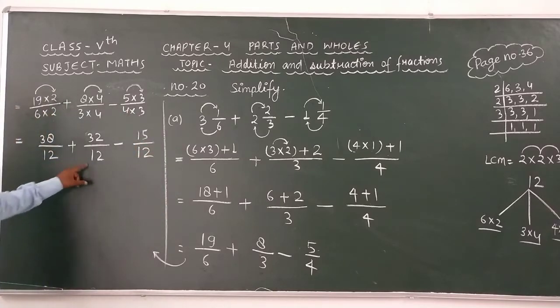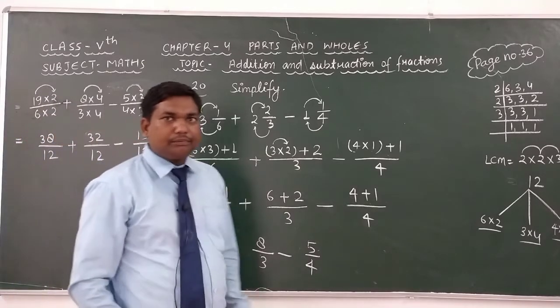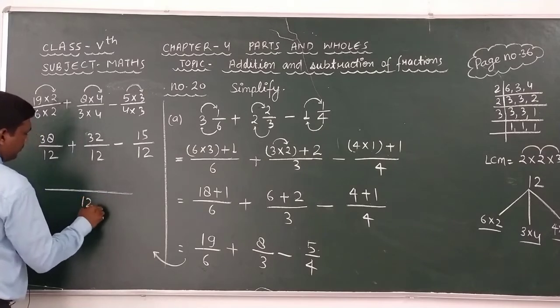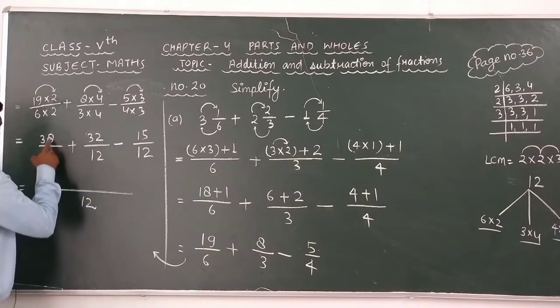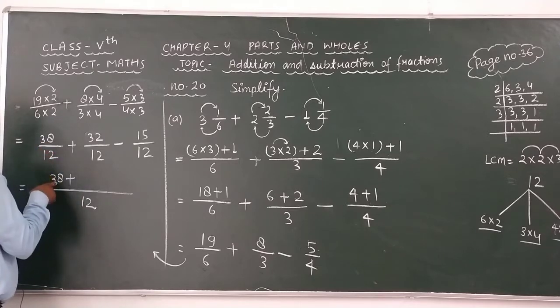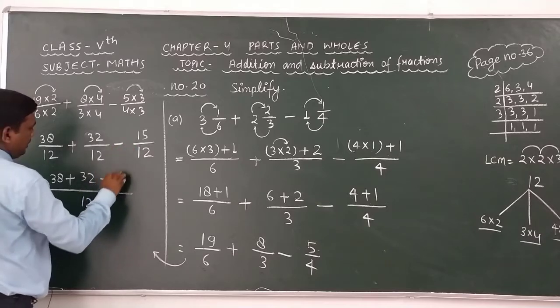Just now look at here carefully. Here we get same denominators. Okay, therefore we can take 12 only one time, and here we can write 38 plus 32 minus 15.